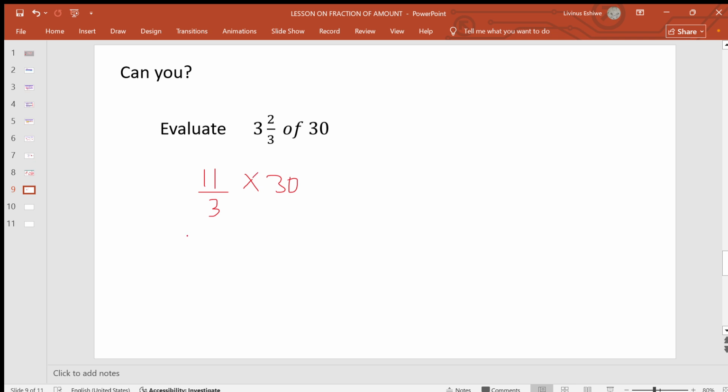So what do I do here? I'll simply say 11 multiplied by what? 30 divided by 3. 30 divided by 3 will definitely give me 10. So 11 multiplied by 10 will give me 110.